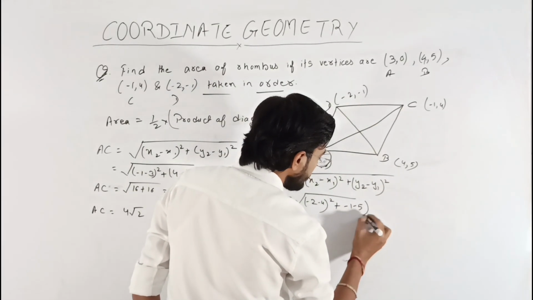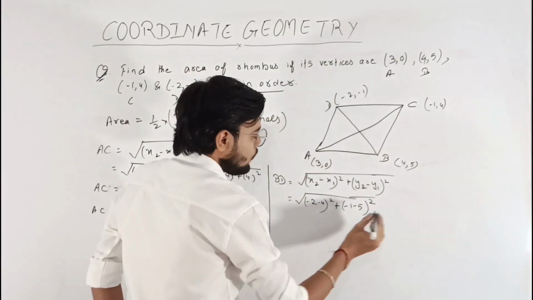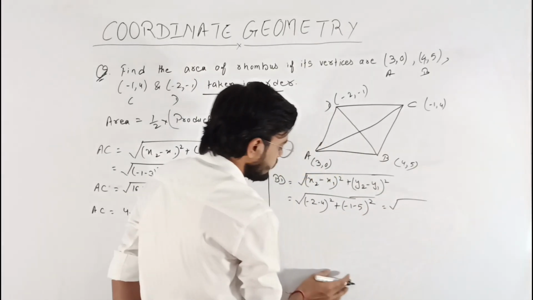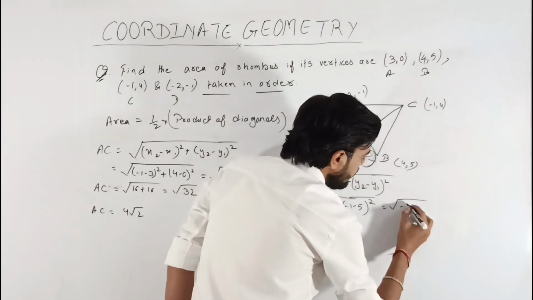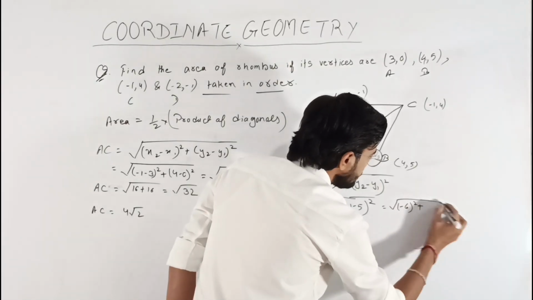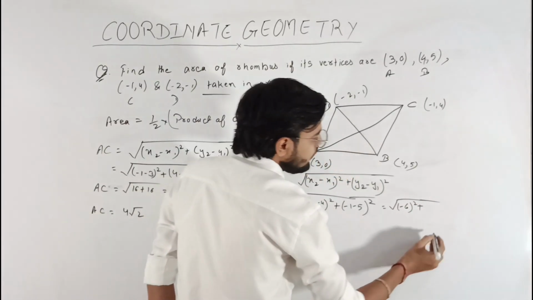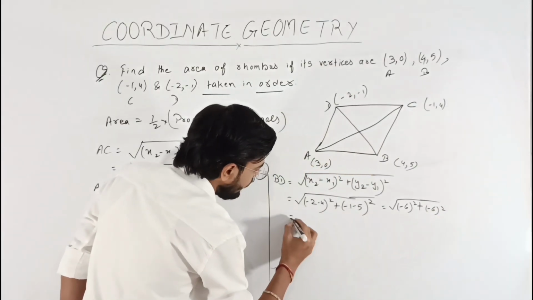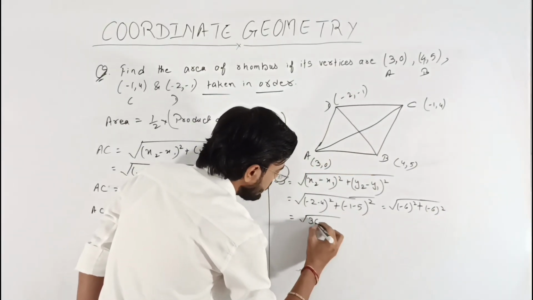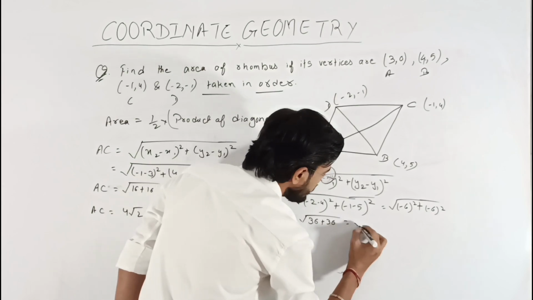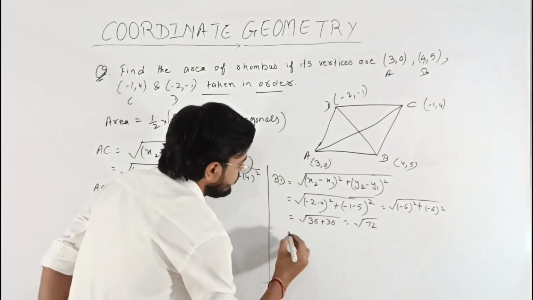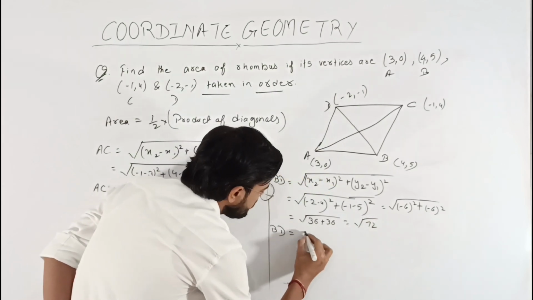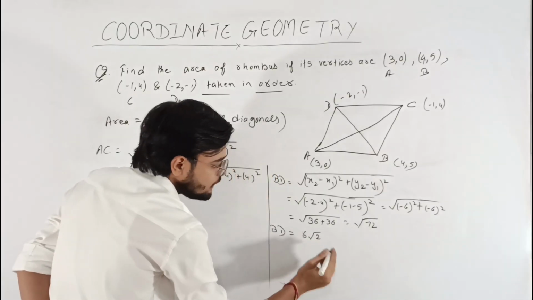So minus 1 minus 5 square. Now from here, minus 2 minus 4 is minus 6 square plus minus 1 minus 5 is again minus 6 square. So we have 36 plus 36, which is equal to root 72. So BD is 6 root 2. We write root 72 as 6 root 2.